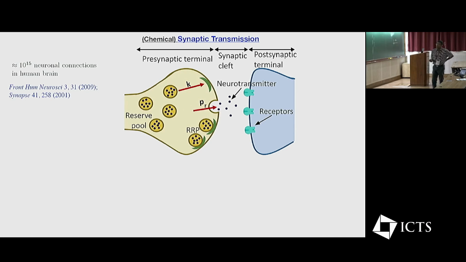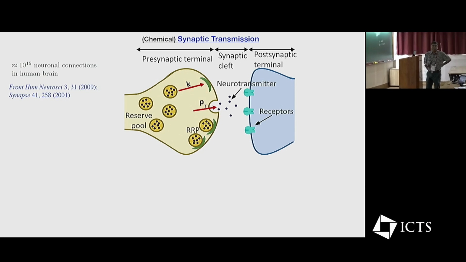And how does a signal transmit across this gap? Usually what happens is that if you have a sensory stimulus, whether it be auditory, visual, or mechanical, or even directly electrical, given in an in vitro experiment, that will cause a depolarization of the membrane potential, which propagates.